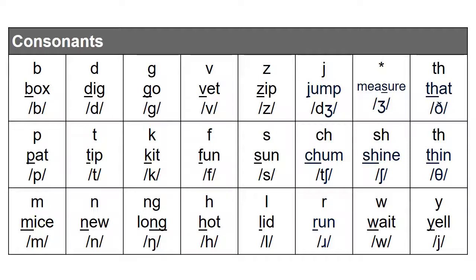The third row between the slashes is the International Phonetic Alphabet or IPA symbol for that sound. The IPA is used to describe a variety of languages and sounds across all languages, so sometimes the symbol that is used in IPA matches the sound that we think of in English, sometimes it's different.